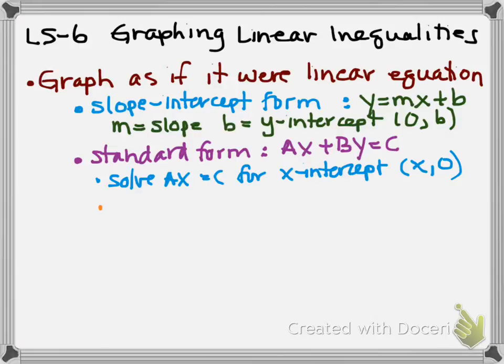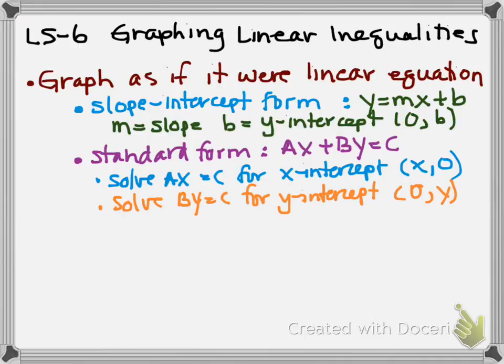And then we're going to solve by equals c for the y-intercept. And again, the reason why we can do that is because the y-intercept has an x-coordinate of 0. So that's going to help us get what our graph is going to look like.